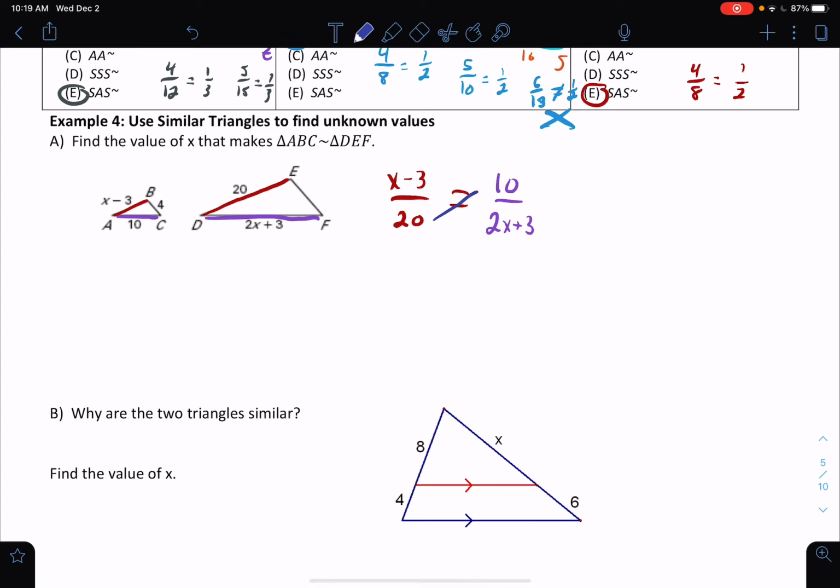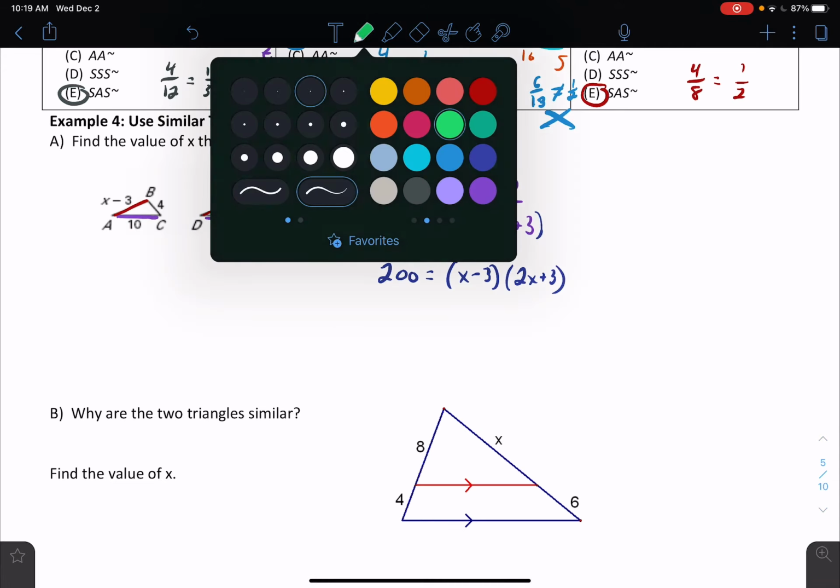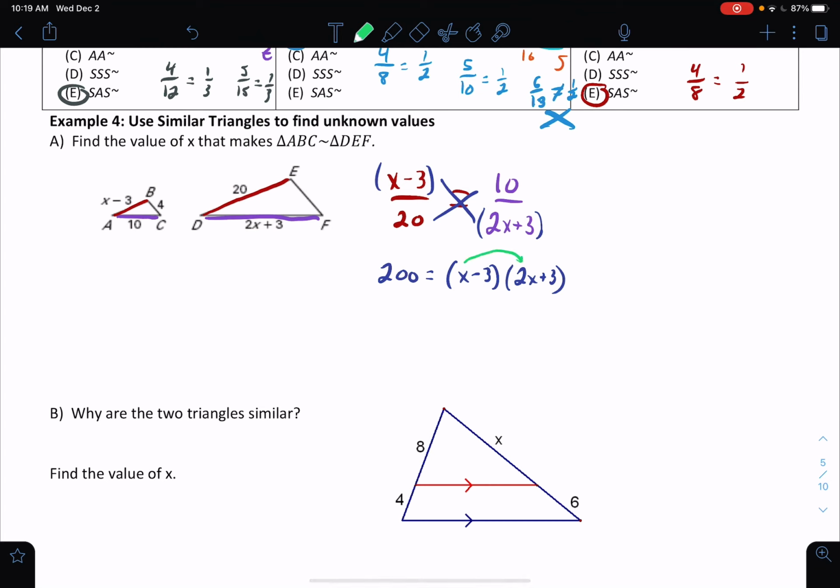So we got 20 times 10, which is 200, equals, and then here we got to be careful. This is a big quiz test question because of this step right here. We need to take all of x minus 3 times all of 2x plus 3. Okay? We need to make sure we put those in parentheses because when I multiply them together, I need to remember to double distribute.